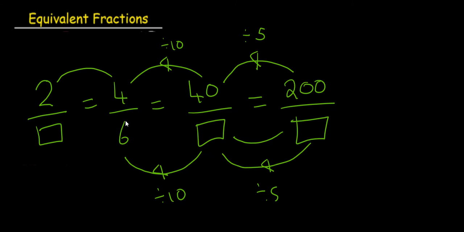Okay, so what do we divide by to get from 4 to 2? We divide by 2. Okay, so we must divide by 2 here. Well, 6 divided by 2 is 3.